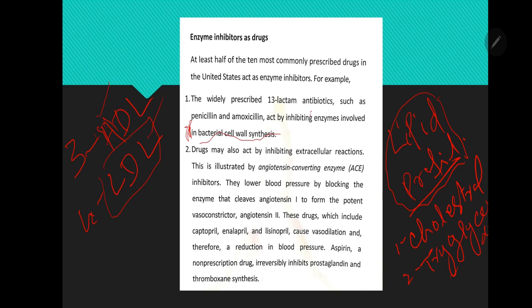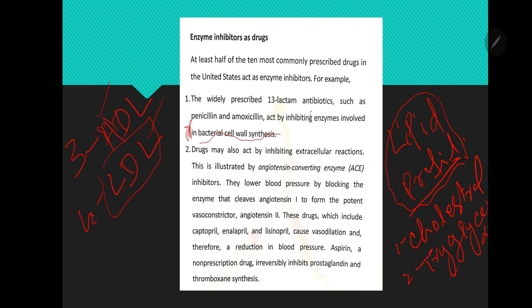Then these drugs may act by inhibiting extracellular reactions. On one hand, bacterial cell wall synthesis; on the second, the extracellular reaction.